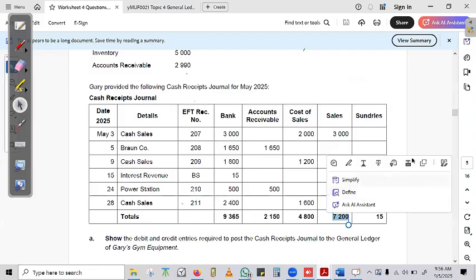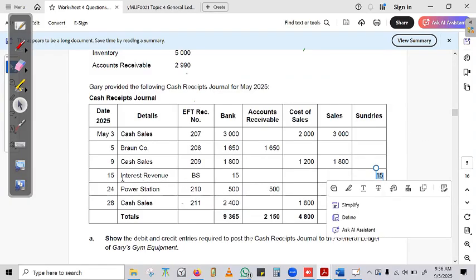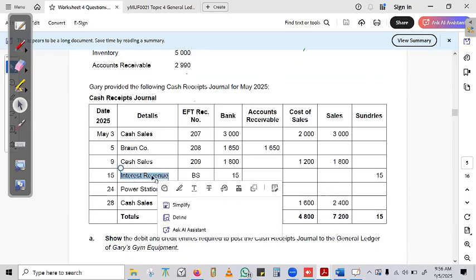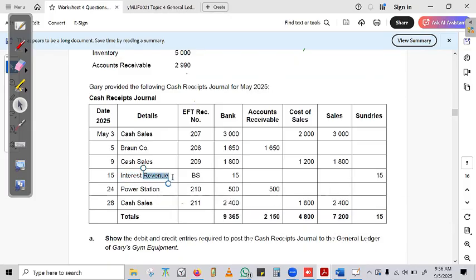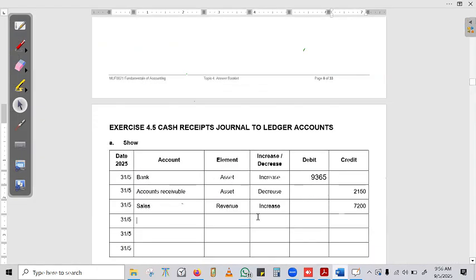Then we see what's there under sundries. So under sundries, we have interest revenue, right? Interest revenue is a revenue account because it says revenue here, right? So we have to write the name revenue also when it comes to interest, because interest can be expense as well, right? So we have to write interest revenue, right?